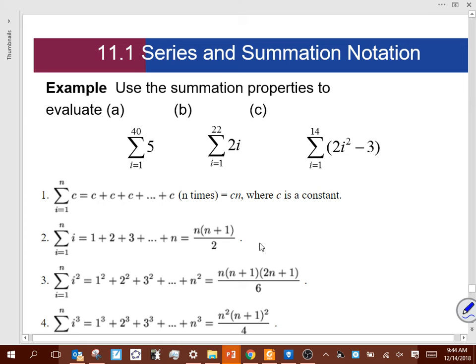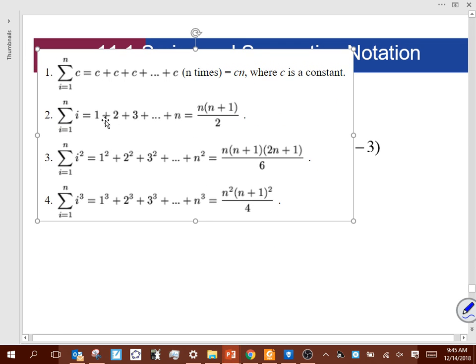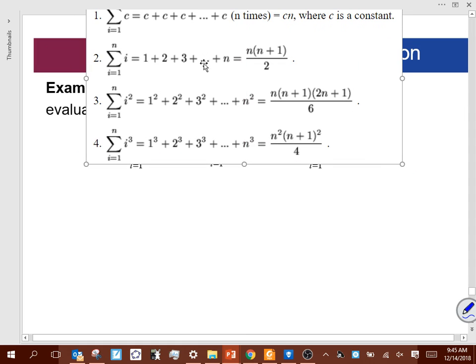Now we'll look at that second one. And that's just your positive integers, your natural numbers. Okay. I want to prove this just real quick with you.